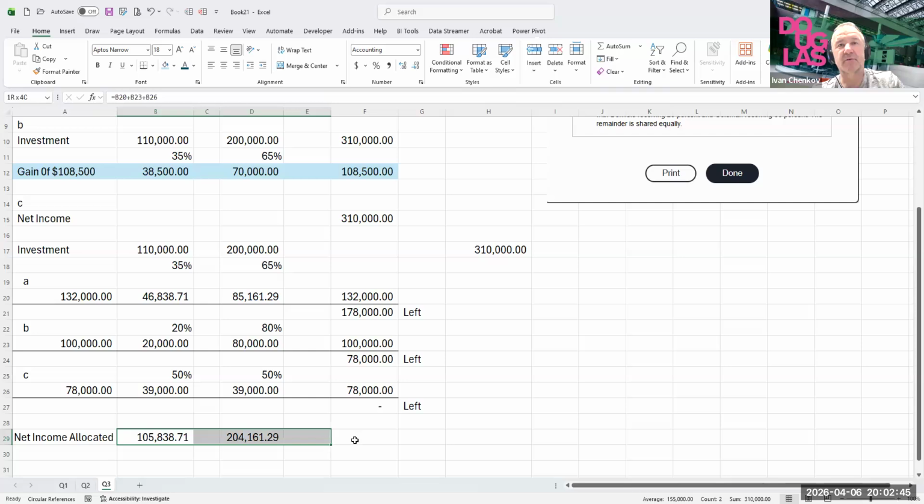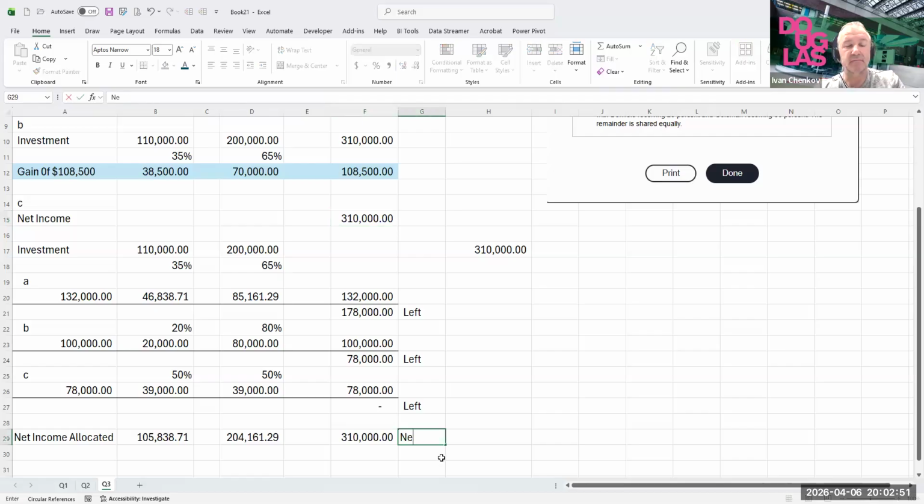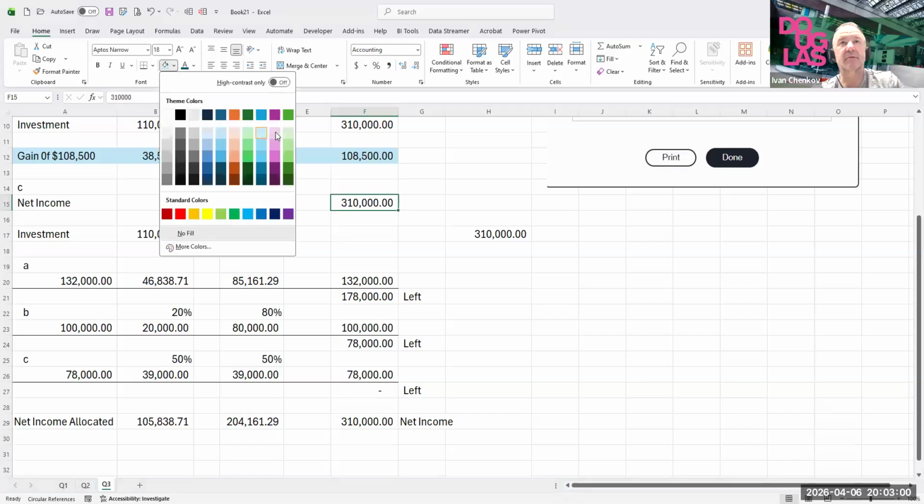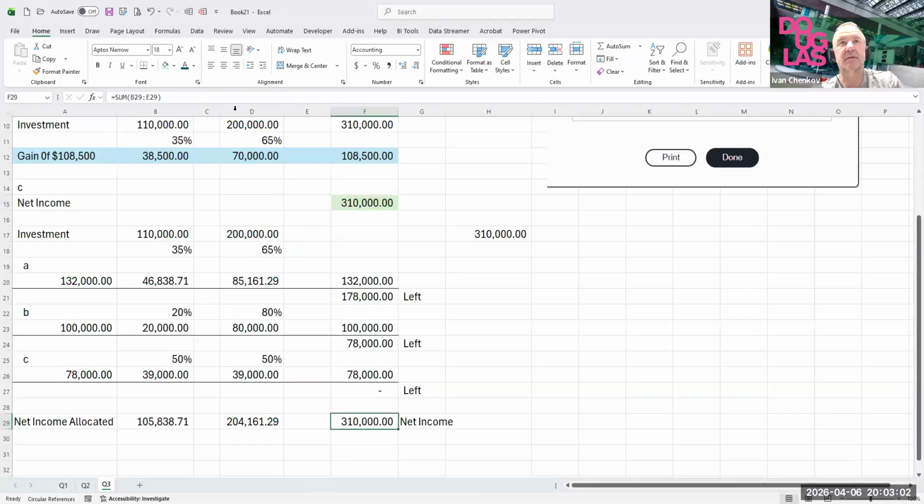In total, how much are they going to share? Exactly 310, which is our net income. Don't forget, this is the amount that they're sharing, net income, so that has to match the net income after the allocation. So what will be the allocation? Allocation will be right here. And that's your answer.